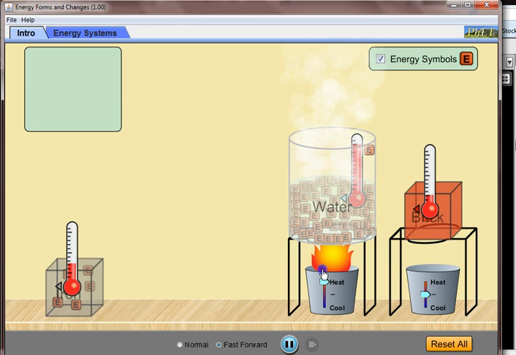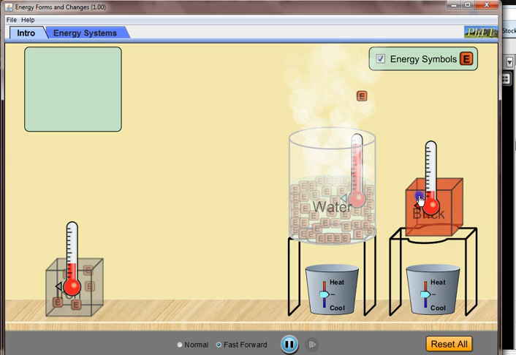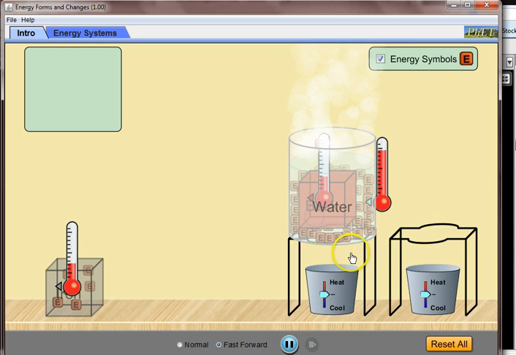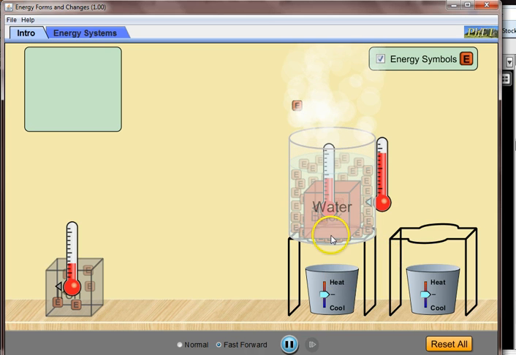Then we transfer the brick into the water. You can see what is happening. The temperature of the brick is rising, the temperature of the water is falling.